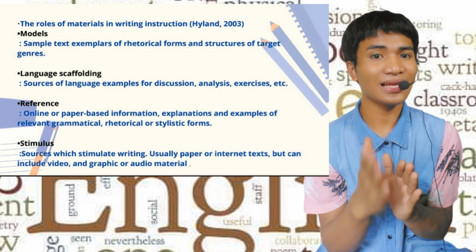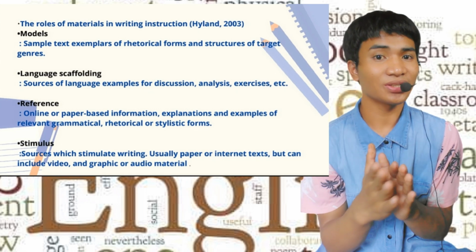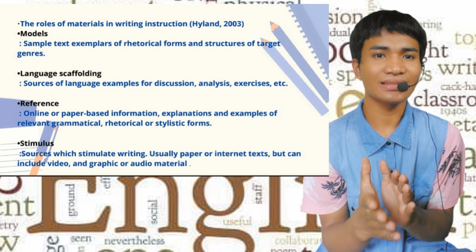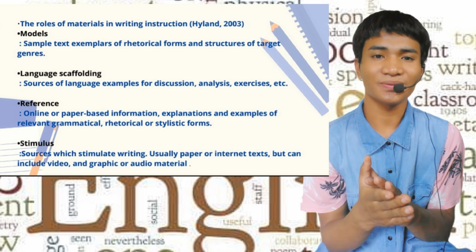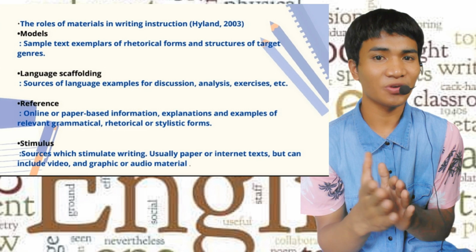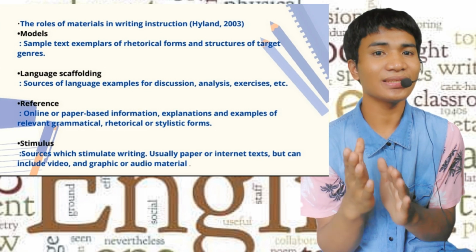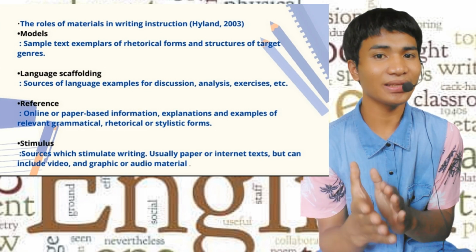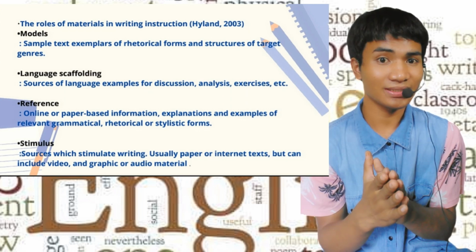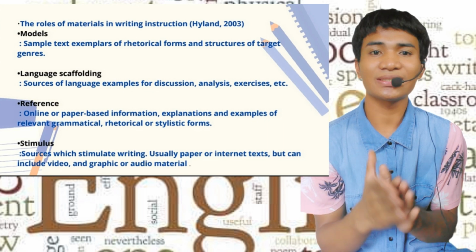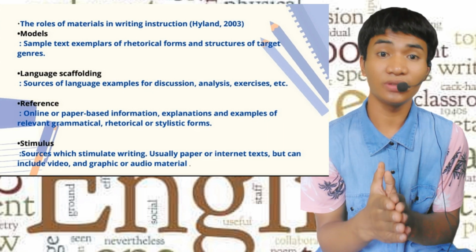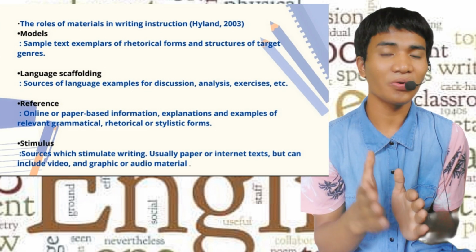The second one is language scaffolding: source of language examples for discussion, analysis, exercises, etc. The third one is reference: online or paper-based information, explanation, and examples of relevant grammatical, rhetorical, and stylistic forms. The last one is stimulus: sources which stimulate writing, usually paper or internet text, but can include video, graphic, or audio material.